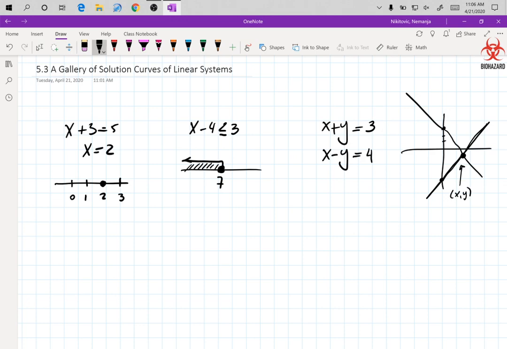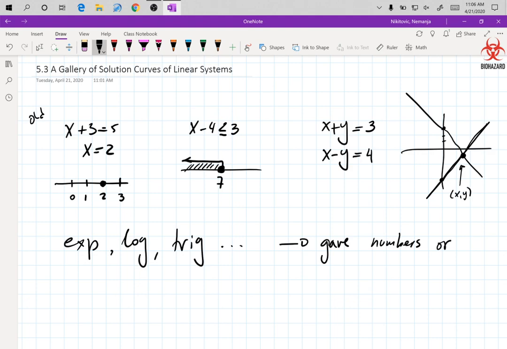So this is old, right? Any type of equation that you had, whether it was an exponential equation, logarithmic equation, trigonometric, all gave numbers or 2D points if you were intersecting.